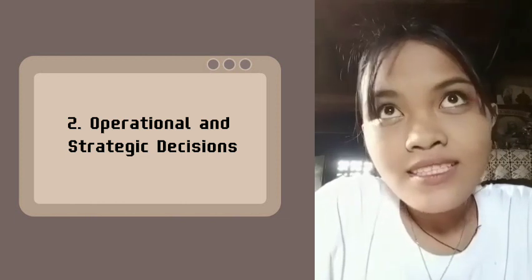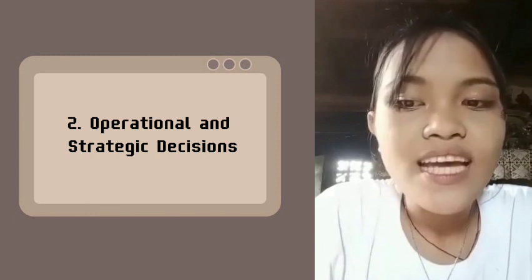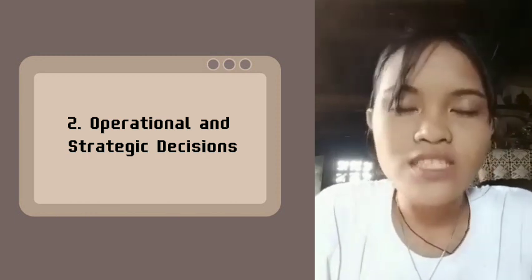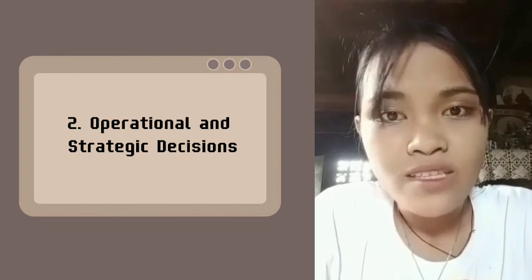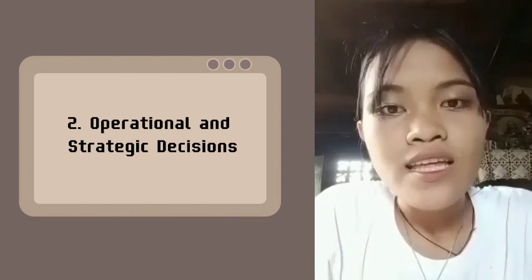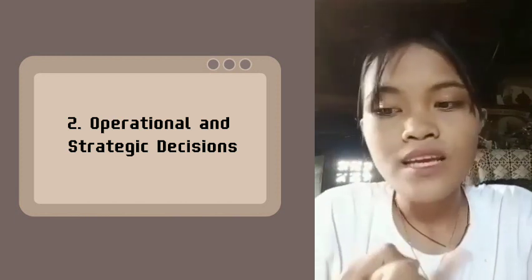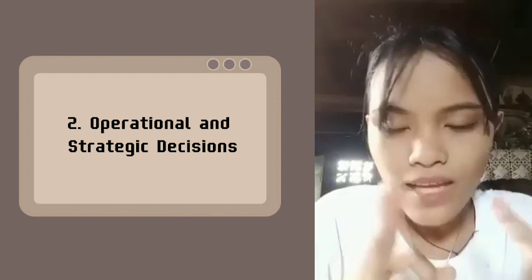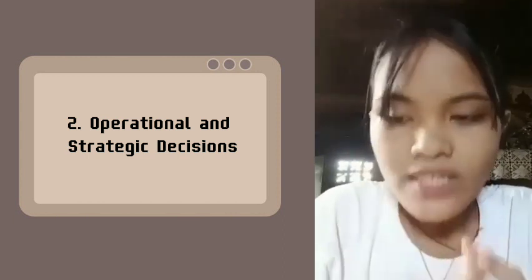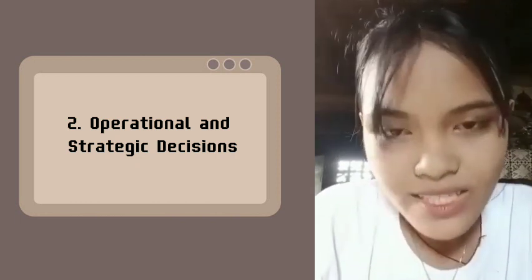The main purpose of operational decisions is to create harmony in our organization and to see whether the management is proper or not. This includes scheduling employees, training for specific tasks in the company, processing office supplies, and assigning work to employees.